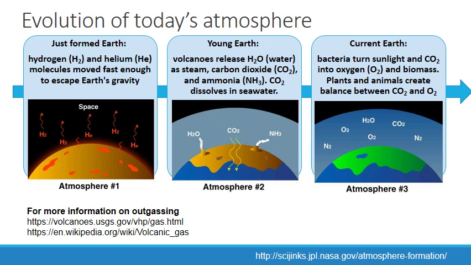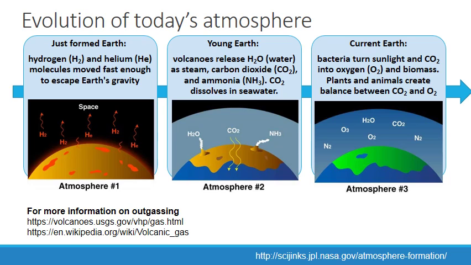Earth's original atmosphere was probably just hydrogen and helium, because these were the main gases in the dusty, gassy disk that formed around the sun before the planets really solidified and came into being as individual entities.